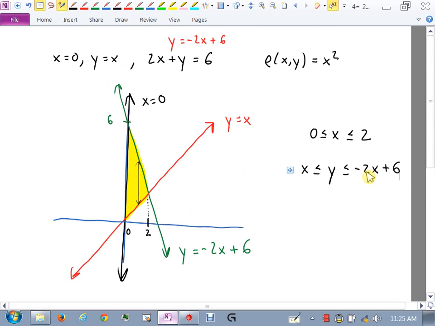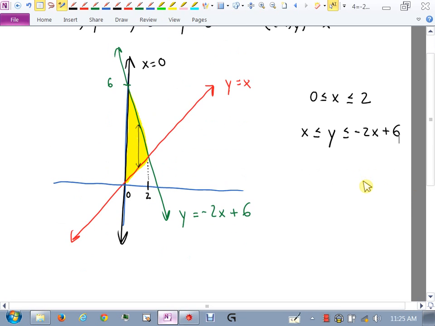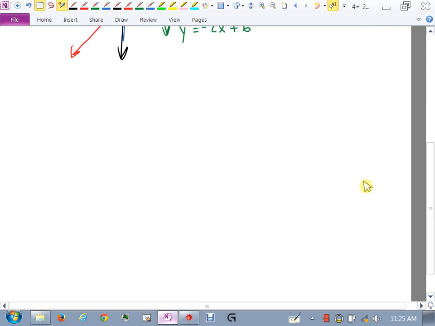Okay, let's get everything together here, okay? We're going to have 3 double integrals. We're going to have a mass, a moment about x, and a moment about y. It doesn't matter which one I do first. So what's our mass integral?